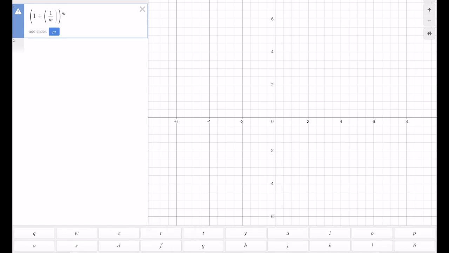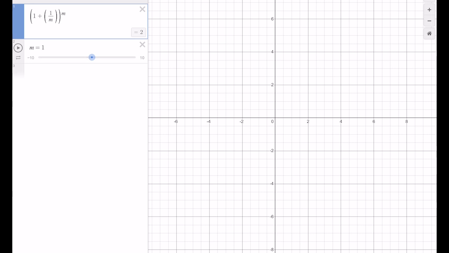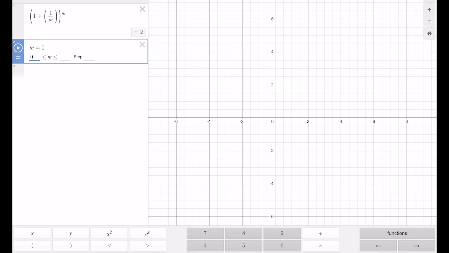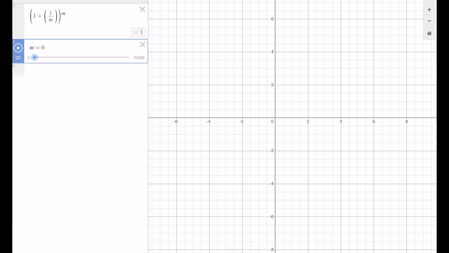Okay, and we're going to make m a slider, and we're actually going to change this from 0 to 10,000. So if I was to plug in from anywhere from 0 up to 10,000 for m, and we'll count by tens, what that would look like. So pay attention to the number that it's giving you in the top line there.